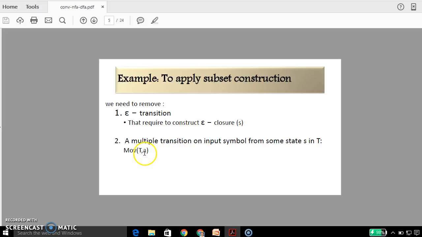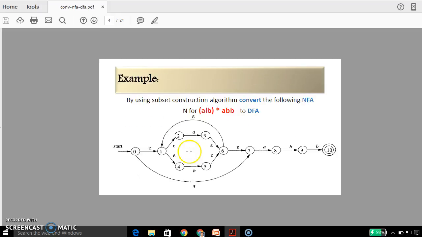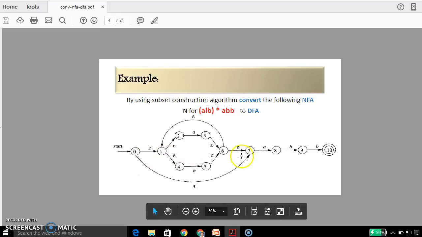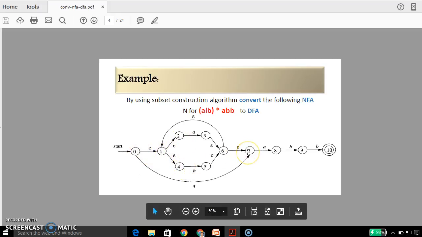In the same way, for a transition on an input symbol from state S in T, that is move(T, a). For 0, as we already know, it is 1, 7. On 1 there is further recursive epsilon, that means 2 and 4. So 0 on epsilon gives 1, 2, 4, 7.